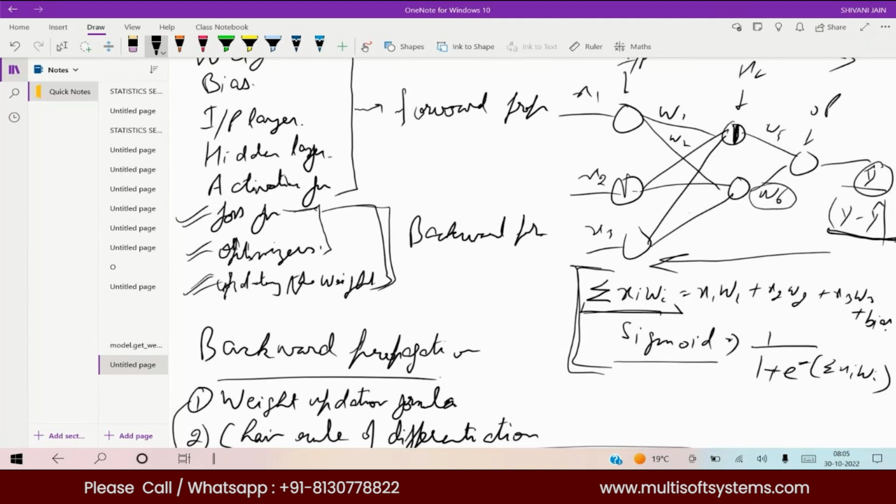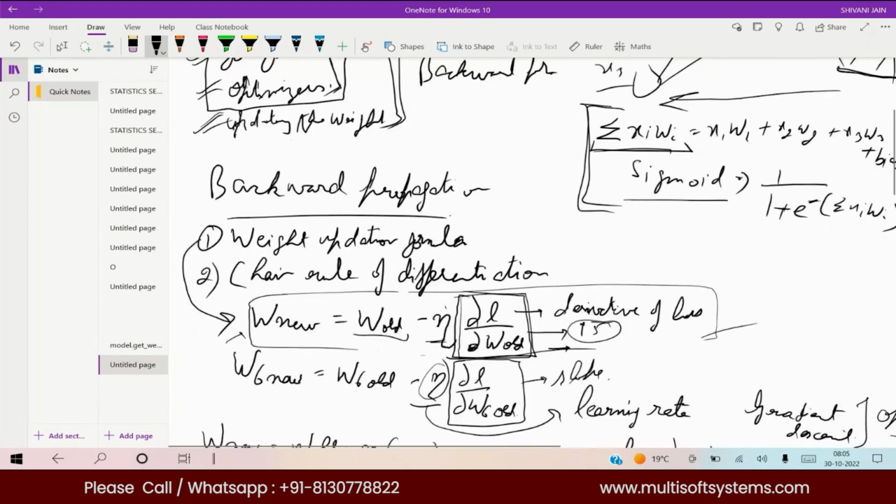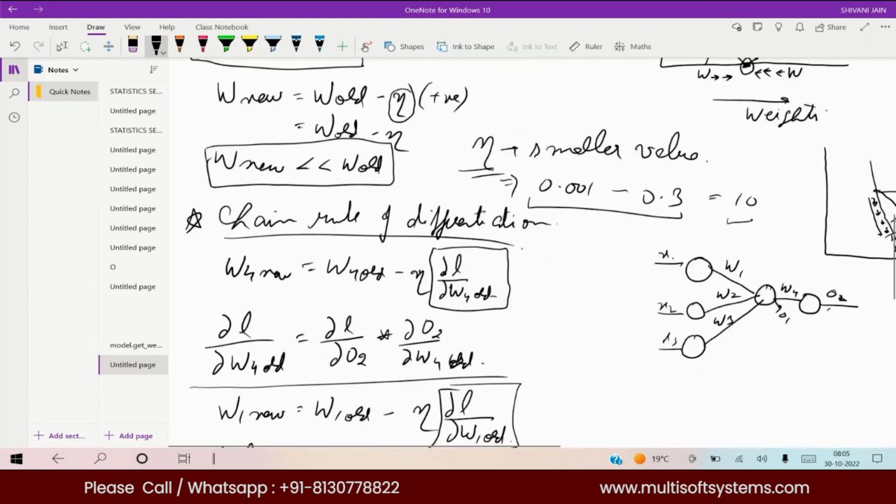Using gradient descent and y minus y hat as the loss function, we have discussed how backward propagation is done. We have other activation functions, loss functions, and optimizers as well.